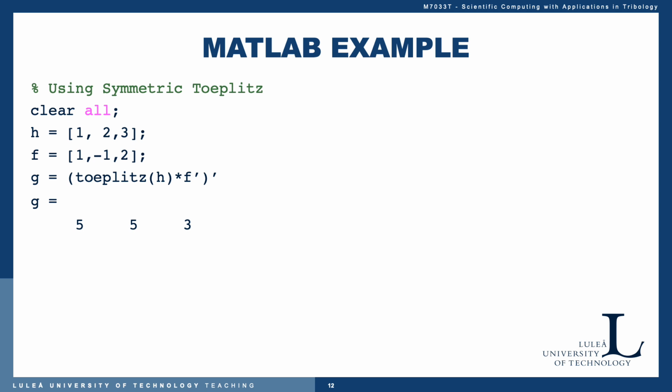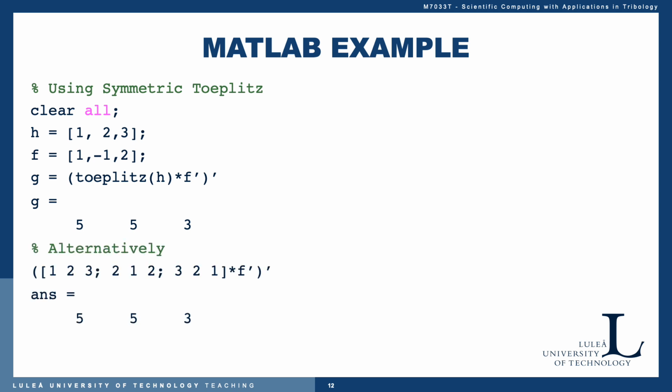MATLAB example to illustrate this: we take the same vectors once again, and what do we get when we Toeplitz H times our transposed F and then transpose the results? Well, we get the value 553.